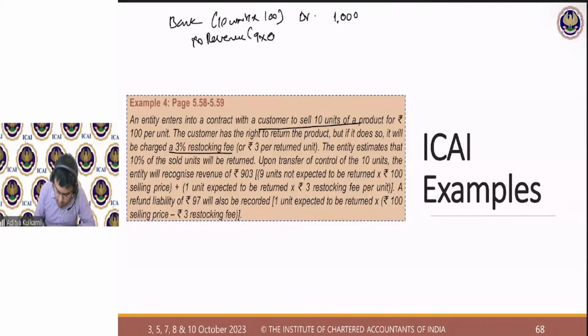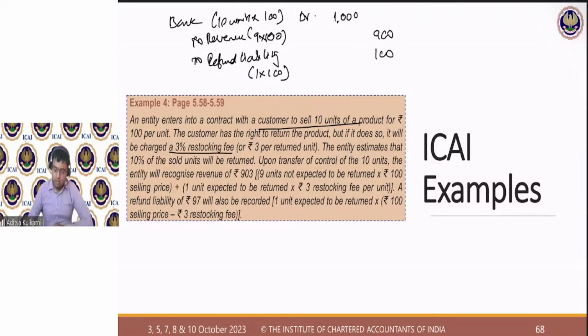Revenue, 9 into 100, 900. Refund liability, 1 unit into 100. That is my liability. So that gives you 100.